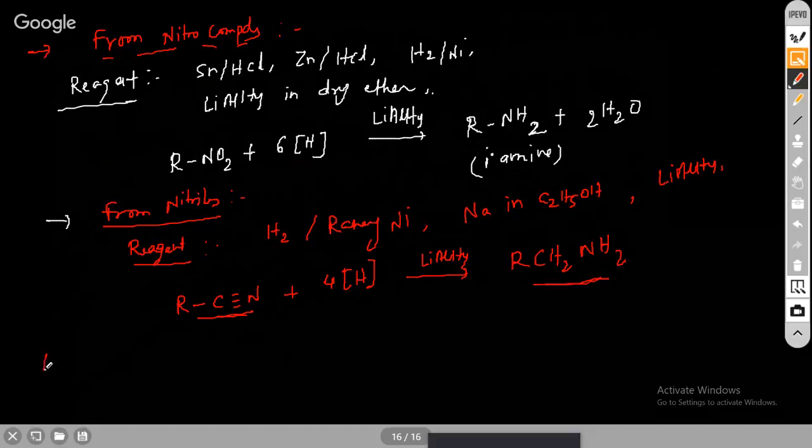Okay, so if you have one series of reactions, suppose we have ROH, when this reacts with SOCl2, we'll get some product here and then it reacts with KCN. Then if you have LiAlH4, can you write down the product in all these?